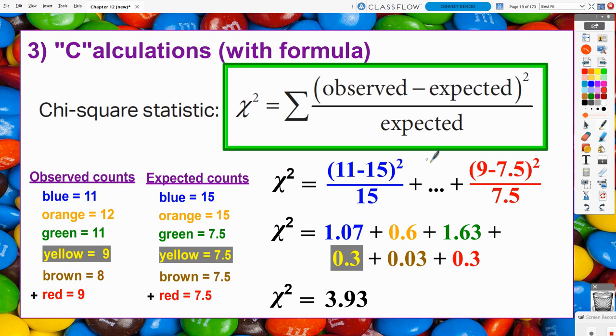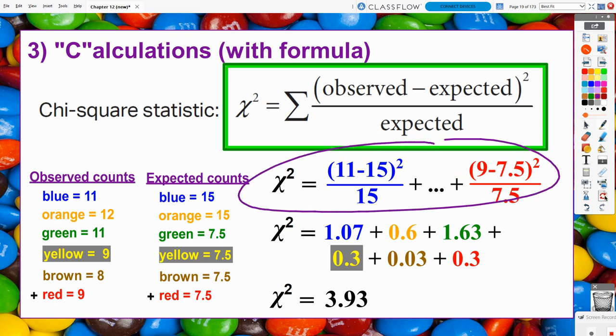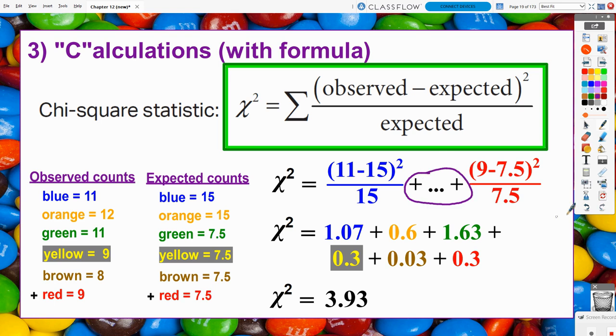Notice here in my work, this should look kind of familiar, this plus ... plus notation. We did this back in chapter 6 with binomial distributions, because sometimes we had to add up a lot of different binomial possibilities, and we said we don't have to write out all of them. We just needed to write out the very first thing plus ... plus the very last thing that happens. Notice I've got this nicely color-coded.